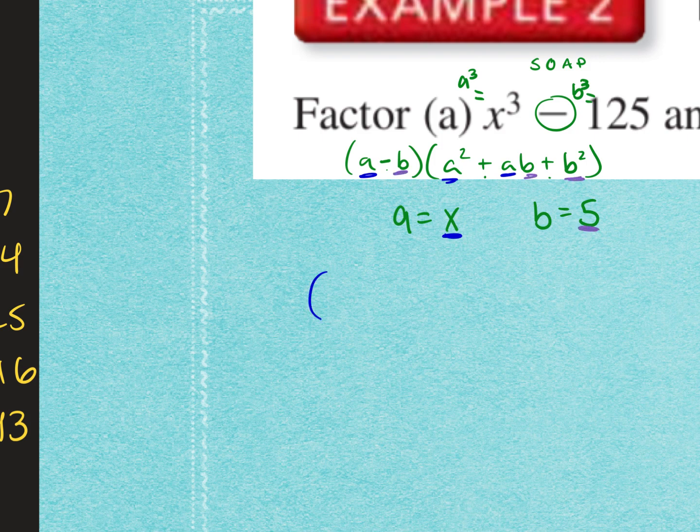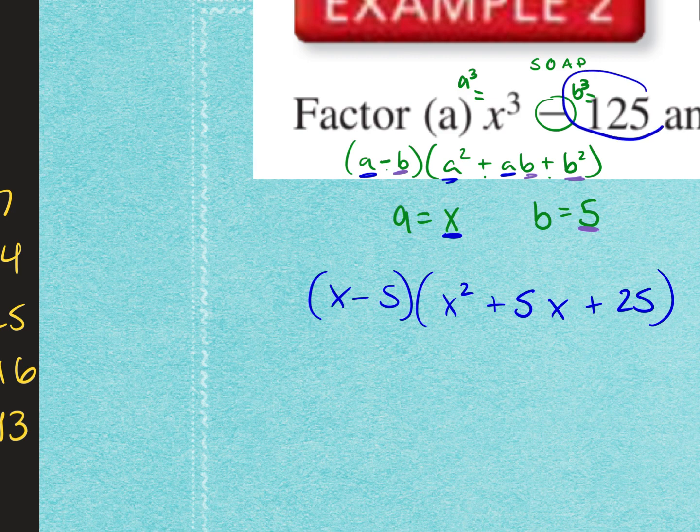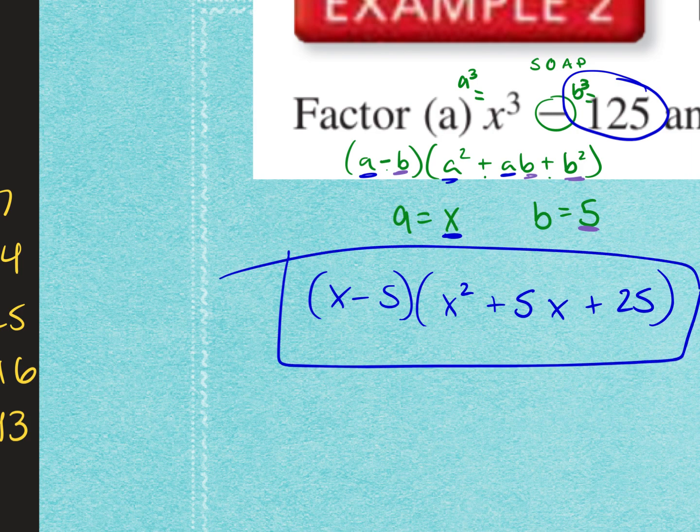So we have x minus 5 times x squared plus x times 5, 5x, plus 5 squared. And what is 5 squared? 25. Because 5 to the third power is 125. So we had to think what cubed gives us 125, so that would be 5. So this would be our answer, and this is as factored as we can go. We can't factor anymore.